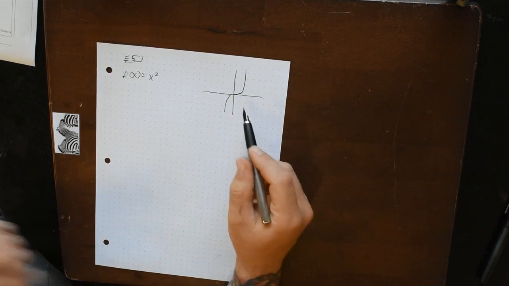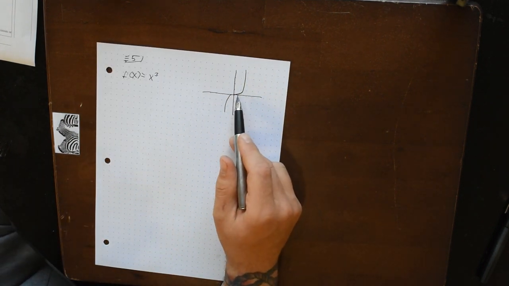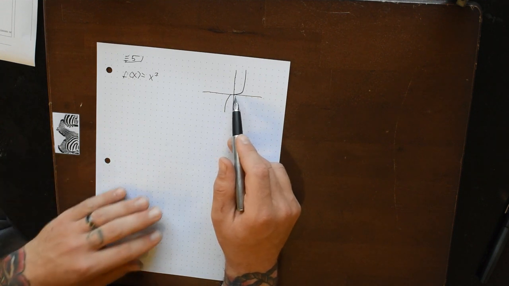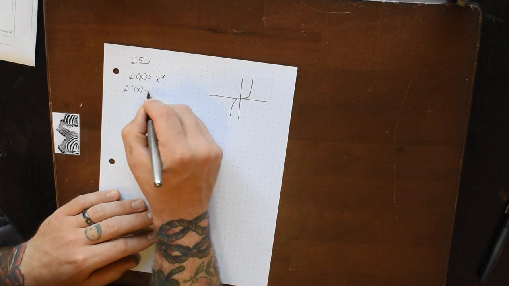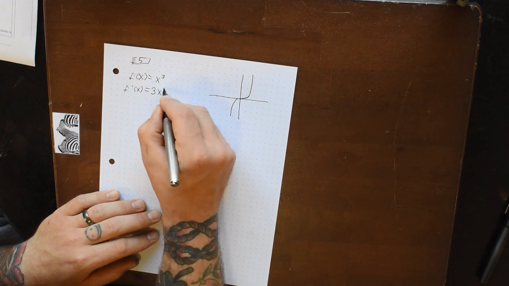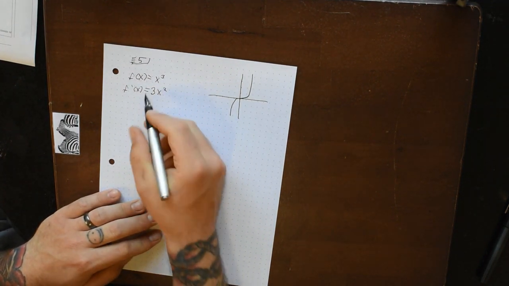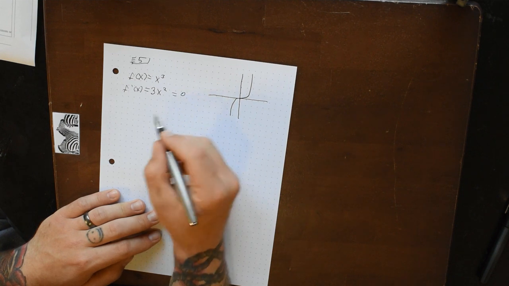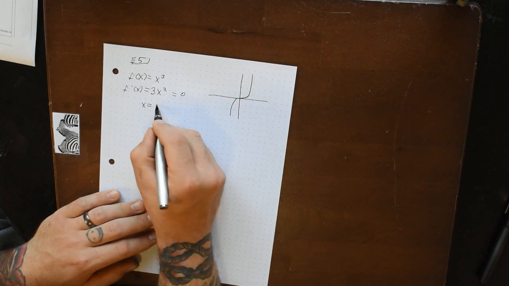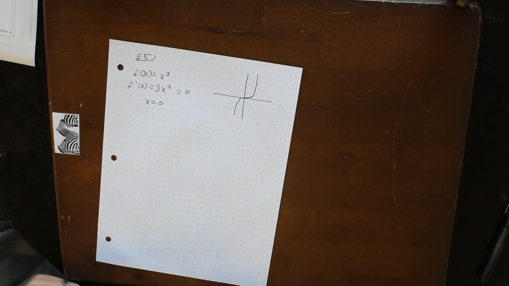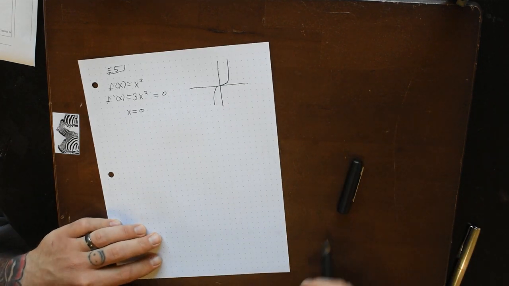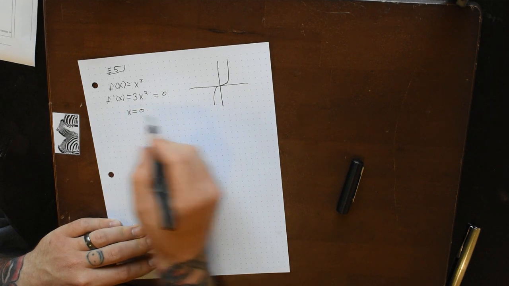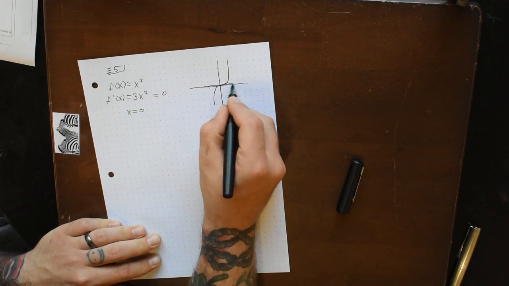And this drawing is better because it shows that this thing really does go more horizontal. If we take the derivative of x cubed, we get 3x squared. And if we set the derivative equal to 0, that would imply that x is equal to 0. So what it's saying is we have a horizontal tangent line at the point 0, 0.